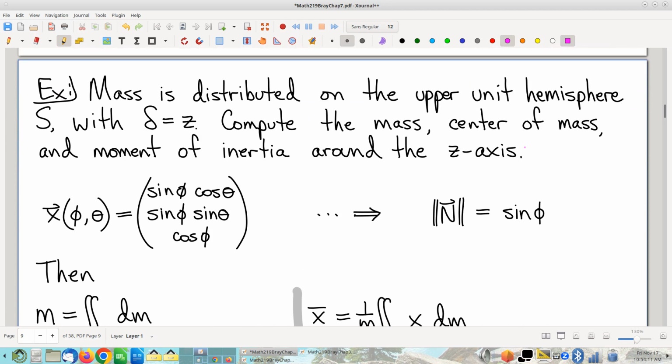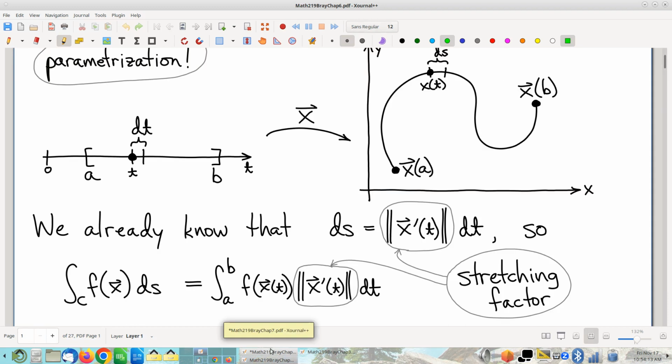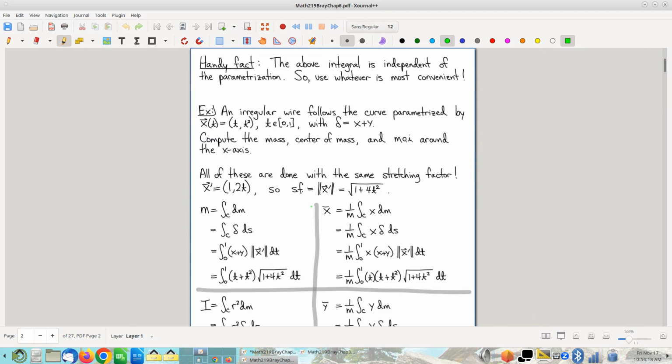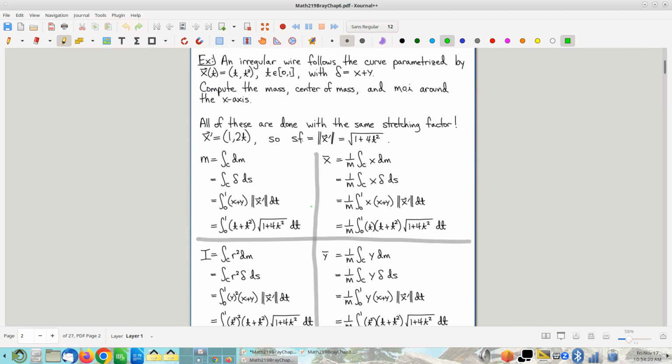By the way, real quick, let me come back here to chapter 6, where in our very first example of scalar line integrals, I gave us a parametric curve and a couple other specifics, and we computed a bunch of stuff all off of the same parameterization.